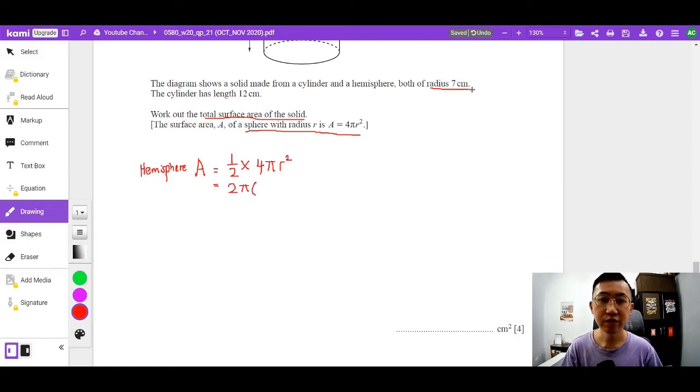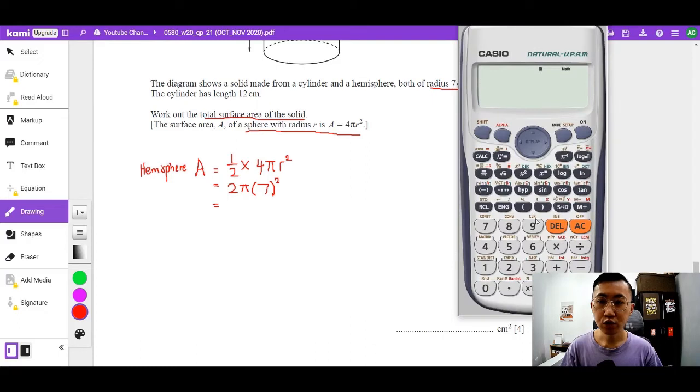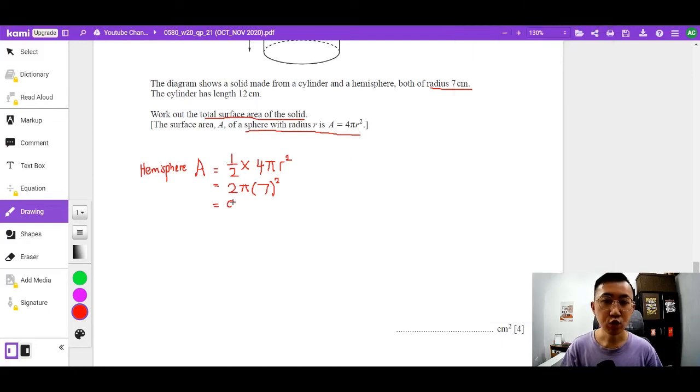The radius given here is 7, then square it. Use your calculator: 7 squared times 2 is 98. I do not multiply with pi; just leave your answer as 98 pi. After that only we add everything.